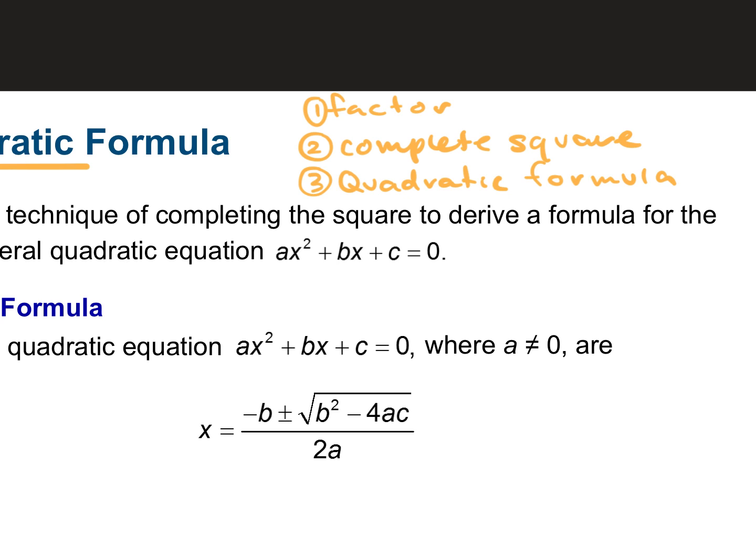Any one of these techniques will work. Sometimes it doesn't factor, so you may have to complete the square or use the quadratic formula. But even if something does factor and you use the quadratic formula instead of factoring, you'll get the same answer. It'll simplify down to whole numbers. So any of these 3 will work, except if you can't factor, you have to move on to the other 2.